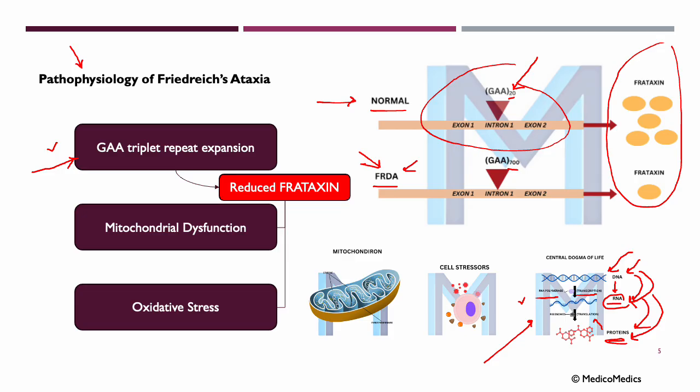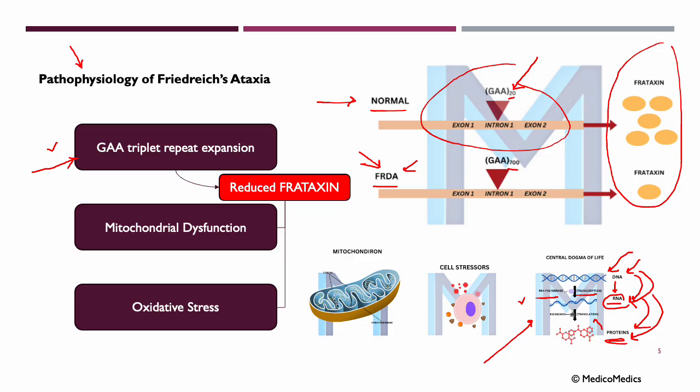And as we've mentioned, frataxin is essential for assembling iron-sulfur clusters, and these are essential and needed for mitochondrial enzymes involved in the production of ATP. So without enough clusters, ATP synthesis gets disrupted.